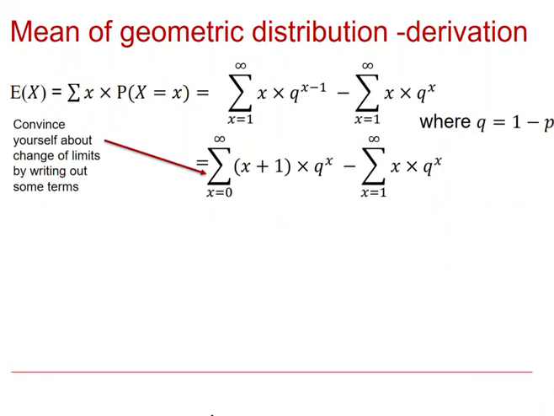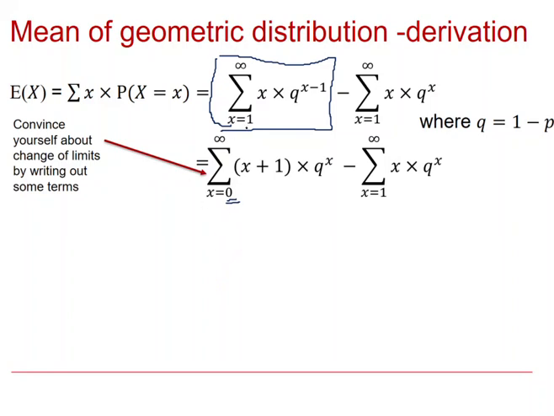So the next clever strategy or trick that's going to be involved in this proof is to change the limits on the first part of our expression here for the expected value for x. And we are going to change limits, and you'll see why this is useful on the next slide, so that we are summing from x is 0 to x is infinity.